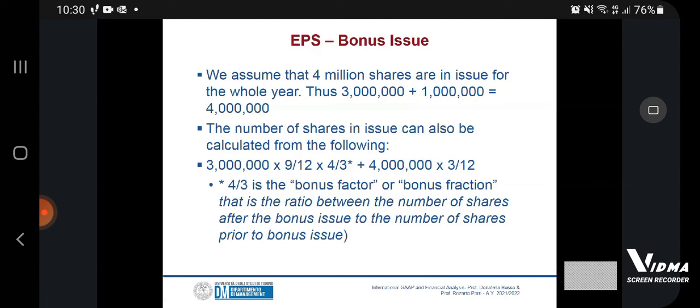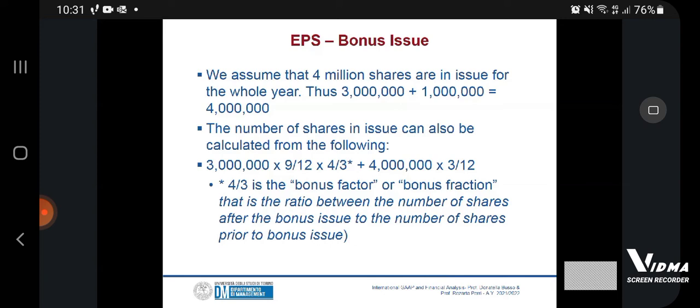This is done with the purpose of taking the bonus issue as far back in the past as possible. Again, the application of the bonus fraction to the number of shares existing before the bonus issue has the intention to take the bonus issue as far in the past as possible, because this is required by the standard, as we said.